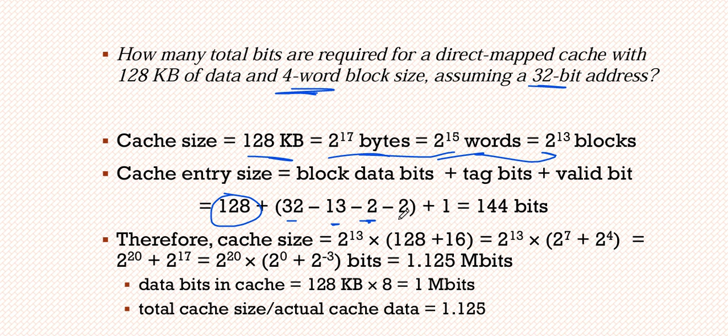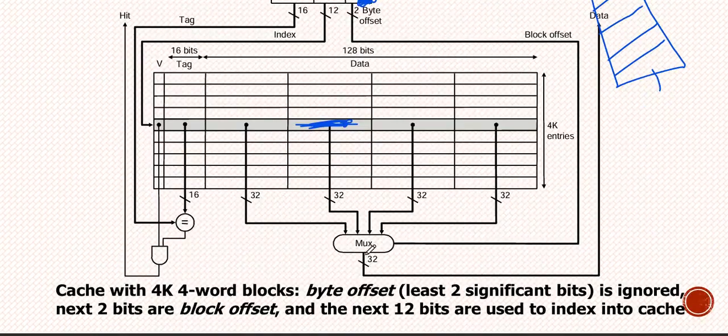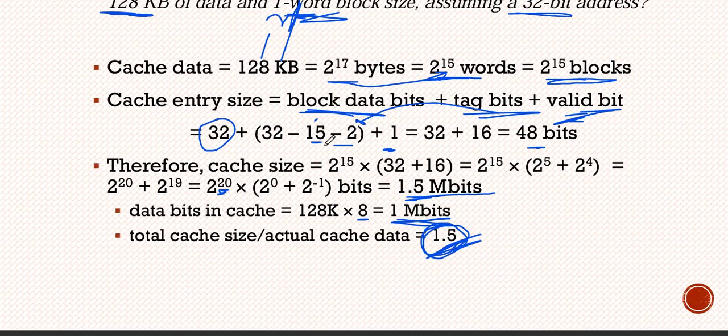Now, there'll also be another extra 2 bits, which you will not use because this is 4-word. So you need 2 bits to select the right word, even when you find it. That 2 bits will go to the multiplexer to either select this word, this word, this word, or this word. You understand?